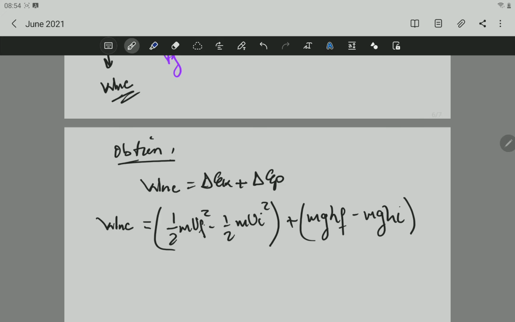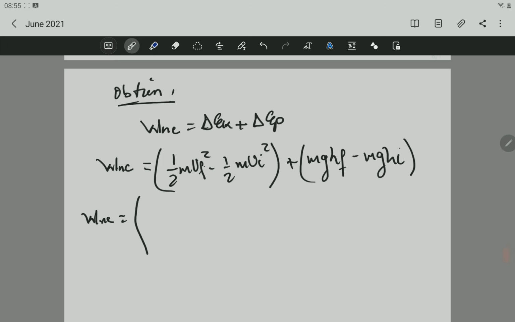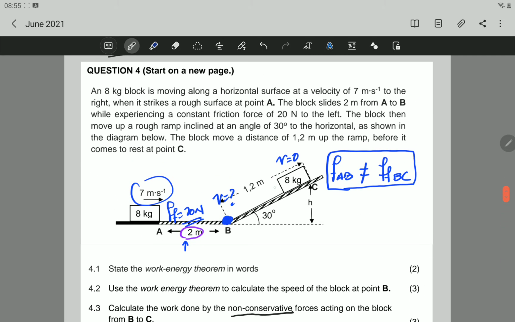Now we have all the data, so we can substitute everything here. The work done by the non-conservative forces is equal to, and let's start substituting everything. Now we're working with the incline, this part here. The final speed is 0, and the initial speed is what was calculated here.